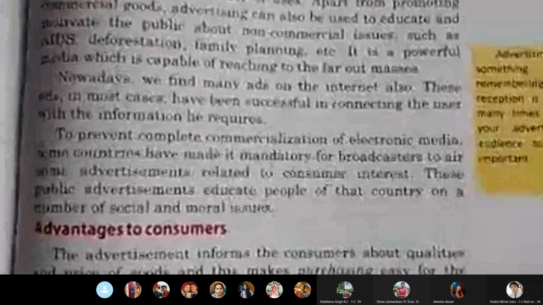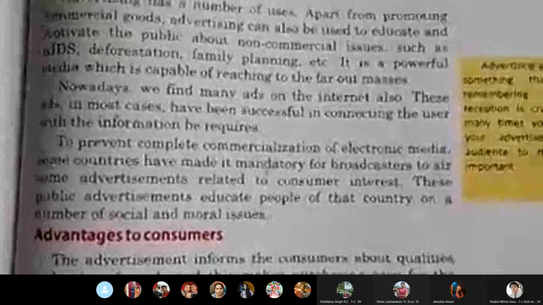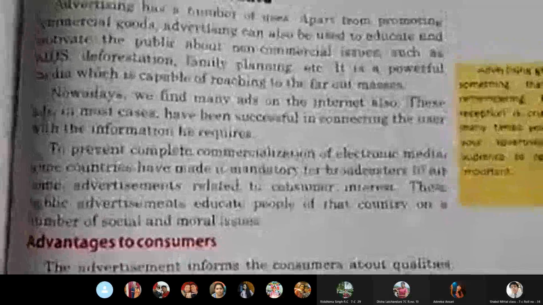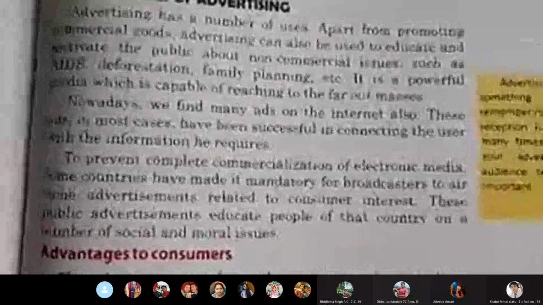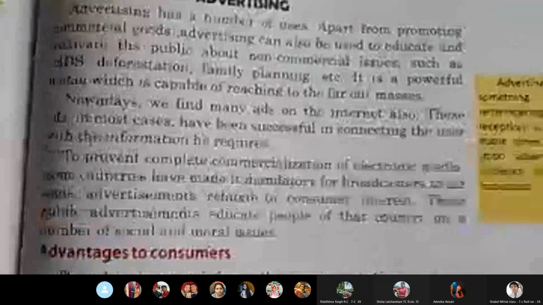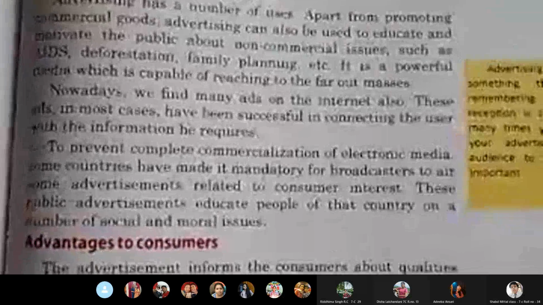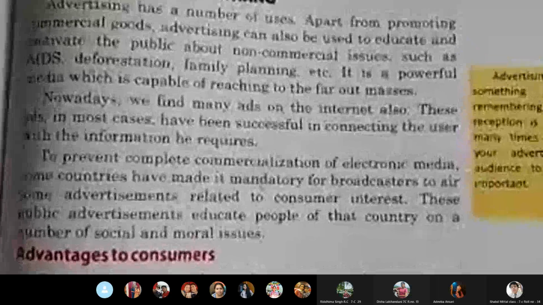So all these advertisements are compulsory, they are mandatory. These public advertisements educate people of that country on a number of social and moral issues. Not only advertising for a product, but they also make people aware about social and moral issues. Okay, so all this is the advantage.